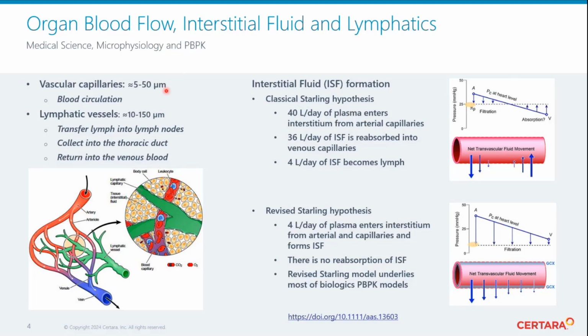So, vascular capillaries are fairly narrow, as you might imagine. Lymphatic ones are a little bit larger. And believe it or not, this extravasation bit is still hotly contested. 500 years since Da Vinci, we still don't have the final answer.